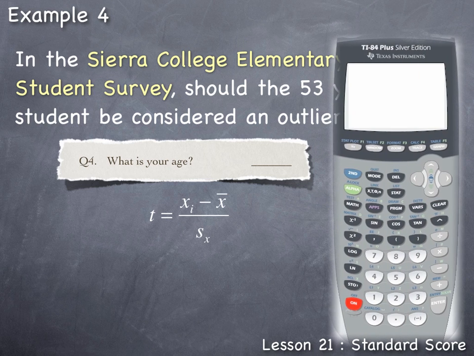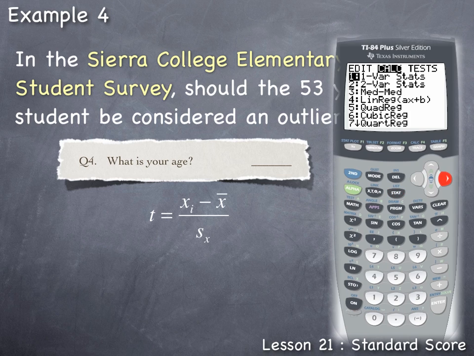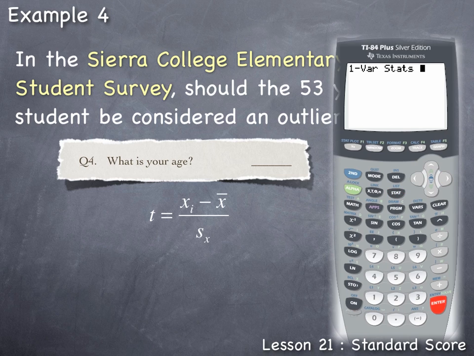So to calculate the mean and standard deviation for the data values in list Q4, we press Stat, right arrow to calculate, press Enter to select one of our stats, and then go Second, List, down arrow to place the cursor next to Q4, press Enter to select, and then Enter to execute.